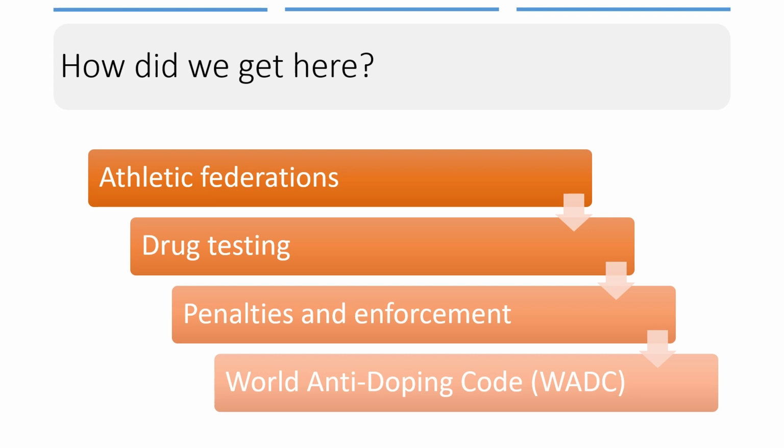Sports federations rigorously test athletes for substances on their own ban list. Although these lists can differ from one federation to another, athletes who test positive for prohibited substances face penalties which can range from suspensions to disqualifications.